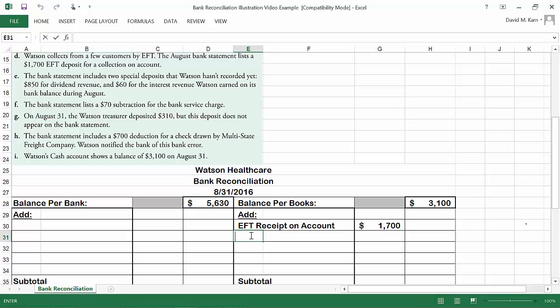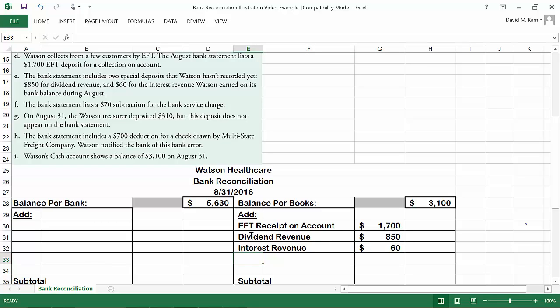So we have dividend revenue, and that was for $850. And we have interest revenue, and that was for $60. So that takes care of letter E.